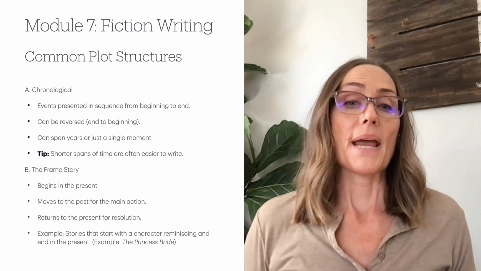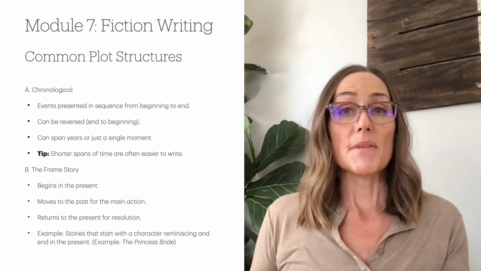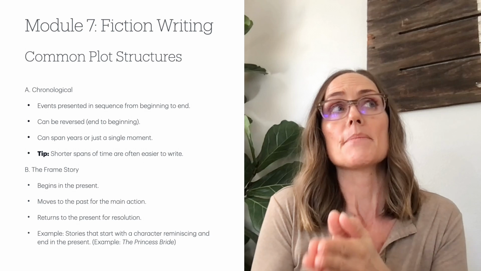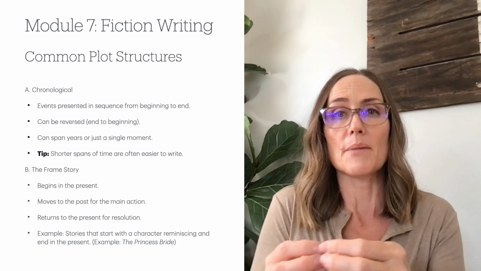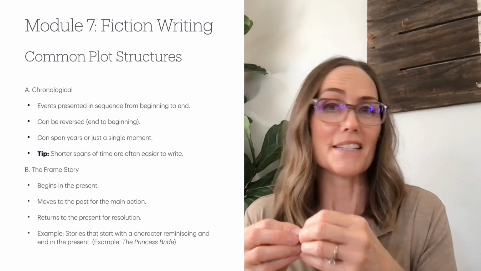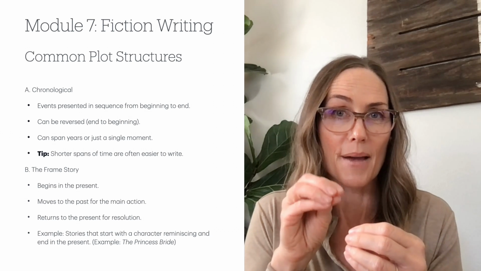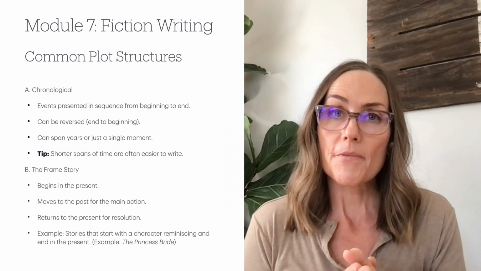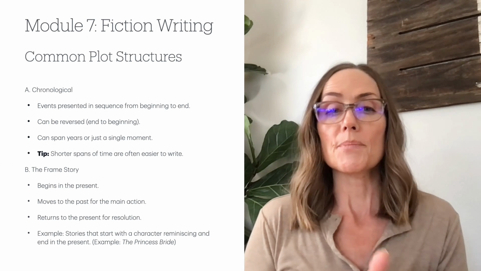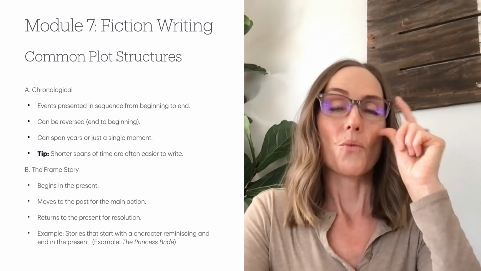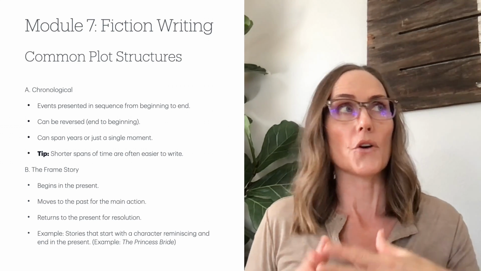Chronological stories can span many, many years, or they can be very short and they can be just a single moment. And sometimes the chronological fiction can be a long piece, but it can span just a single moment and it's very in depth on that single moment. Now, one quick tip for you as a writer, shorter spans of time are often easier to write when you are doing a chronological story.